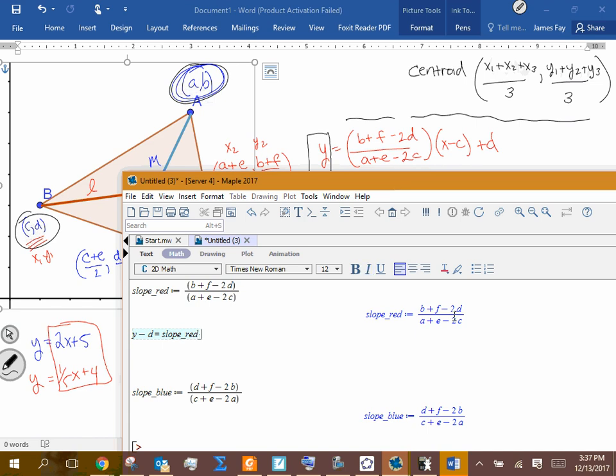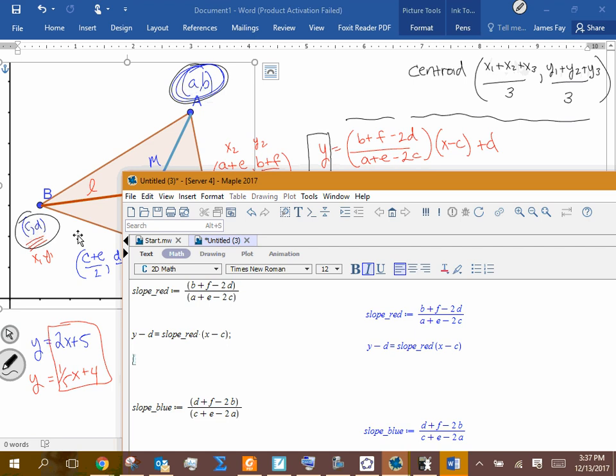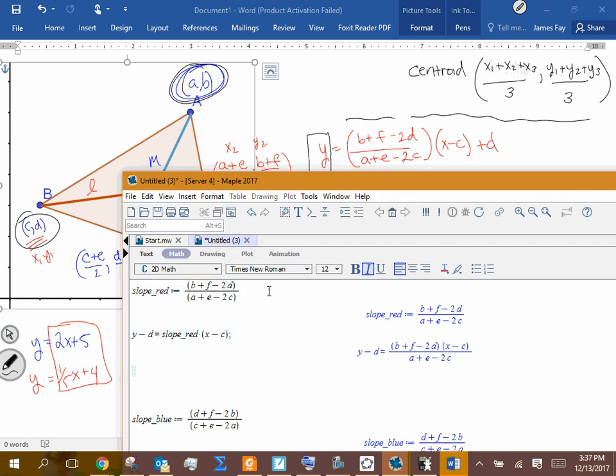And we'll multiply that by x minus x1. Well, we let x1 be c. So then I'm going to hit enter, and that becomes the equation that I'm looking for, but I want to add d to both sides.